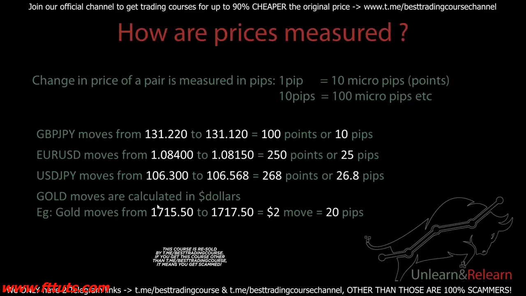Right now gold is at $1,715.50, and if gold moves to $1,717.50, that's a change of $2. That means gold has moved by 20 pips. If gold moved from 1715 to, let's say, 1720, that's a change of $5, which means gold has moved by 50 pips.